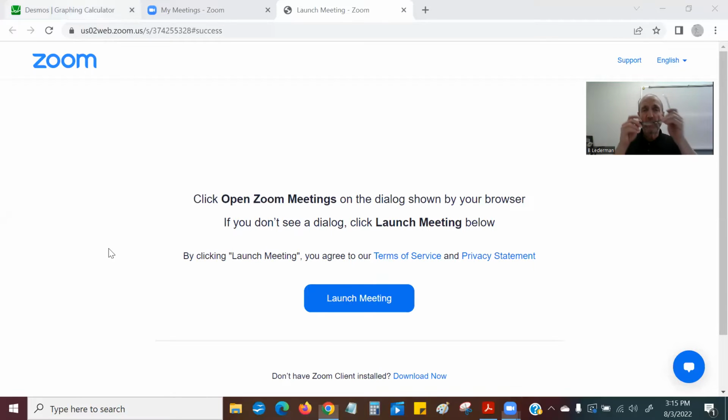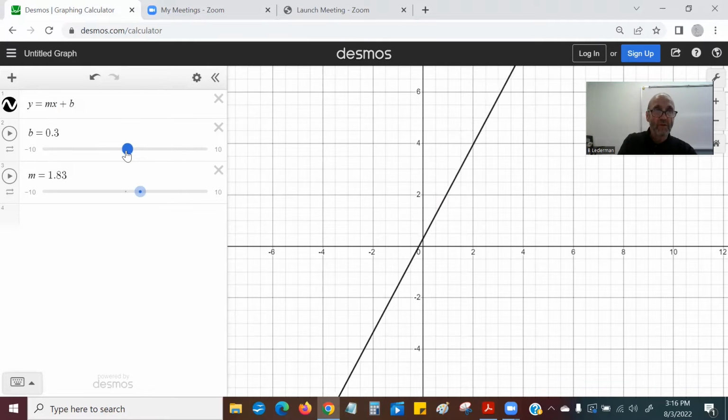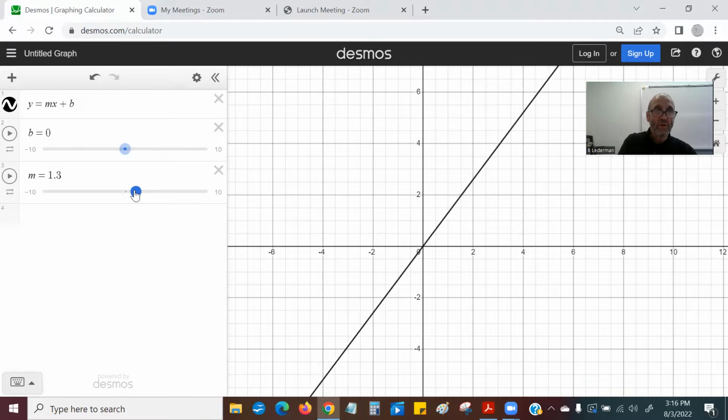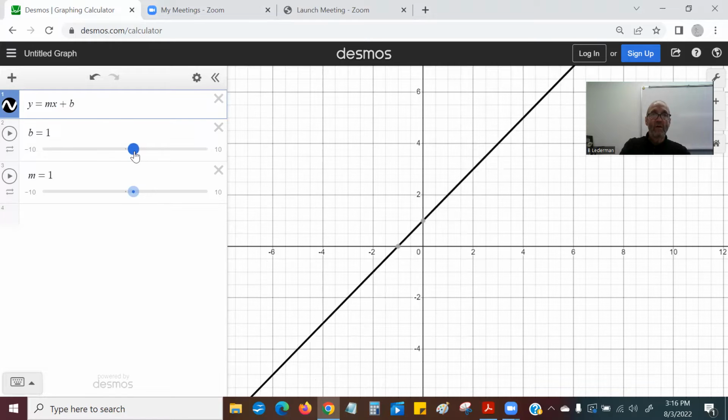Okay. So y equals mx plus b. That's my equation up here. Let's let b equal 0 for now, and let m equal 1. If b equals 0, it's a line through the origin. If I let b equal 1, then it's a line through the point 1.